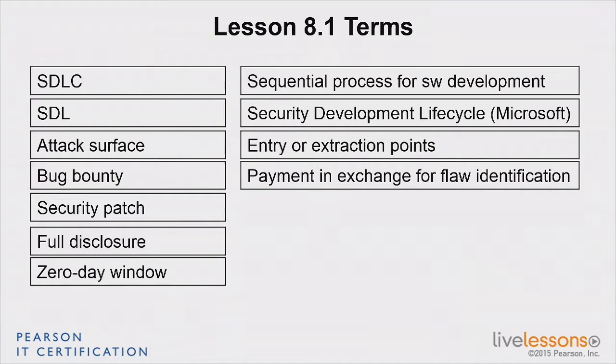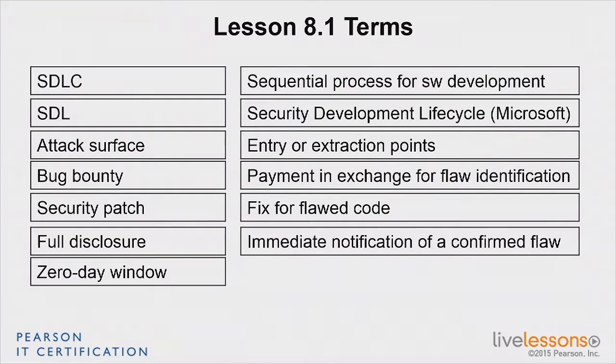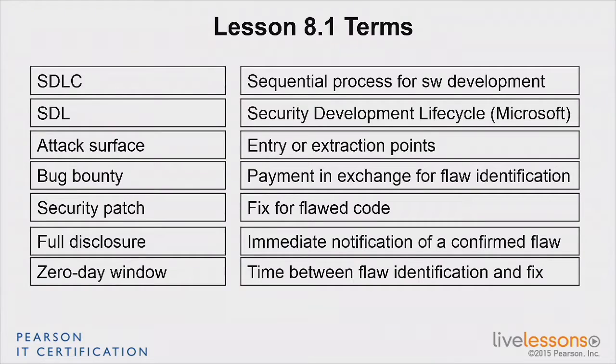A bug bounty is a payment in exchange for flaw identification. A security patch is a fix for flawed code. Full disclosure is immediate notification of a confirmed flaw, whether there's a patch available or not. A zero-day window is the time between flaw identification and a fix.